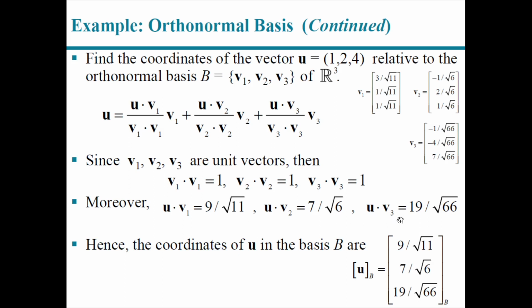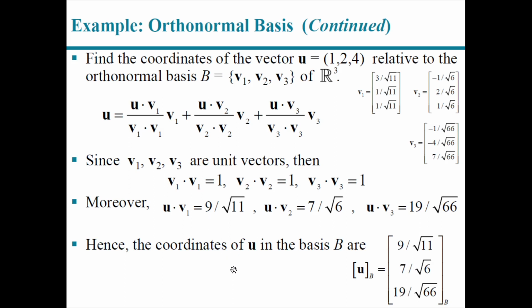And U dot product v3, after computation, we get this. So v1, v2, v3 are given here for your reference, and U is here. So you just do the dot product. Okay, so the coordinates of vector U in basis B, which was orthonormal, are just these numbers here that we got from scalar products.